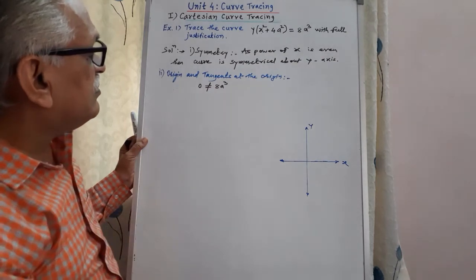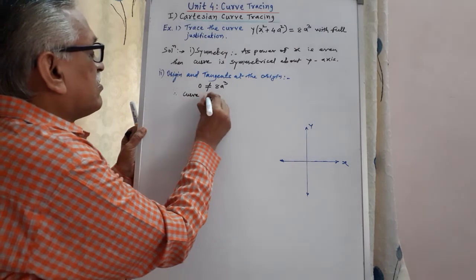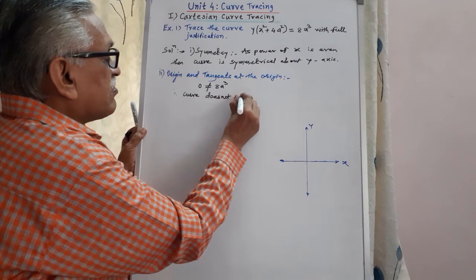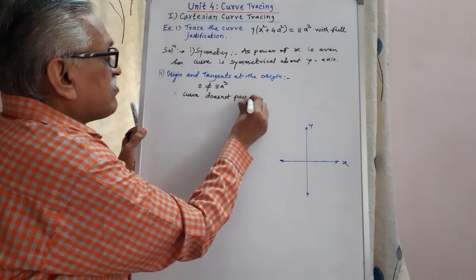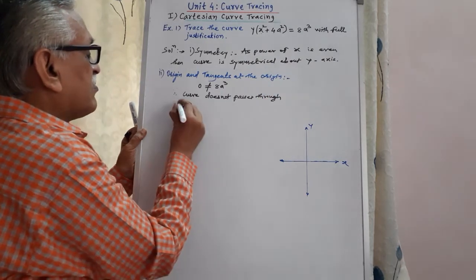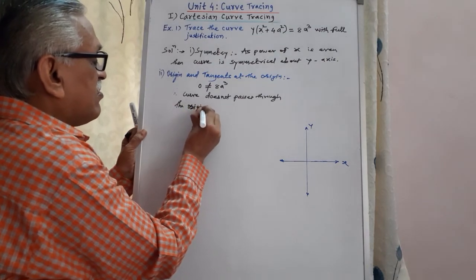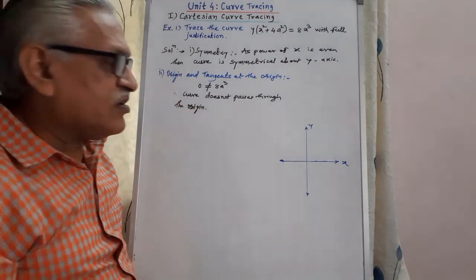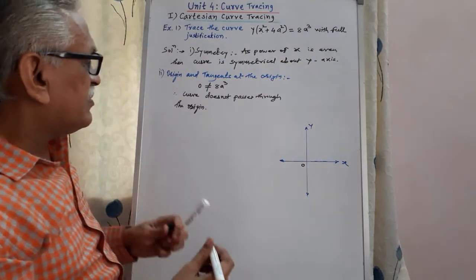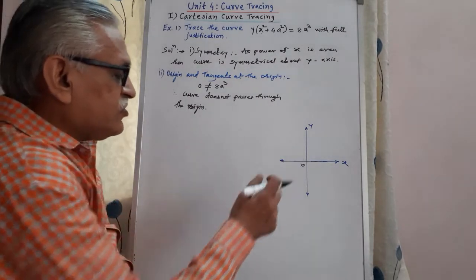Not equal, which means the curve does not pass through origin. Then no question of finding the tangent at the origin as it is not passing through origin.